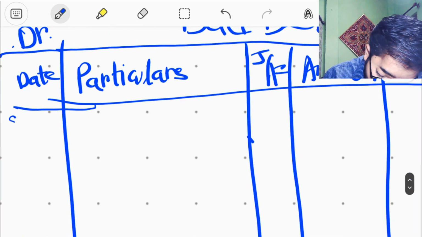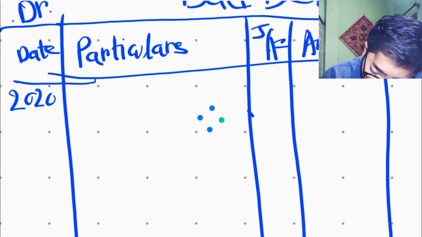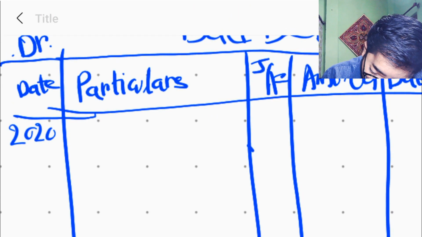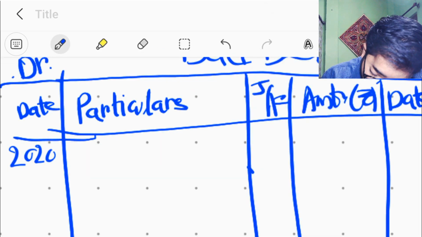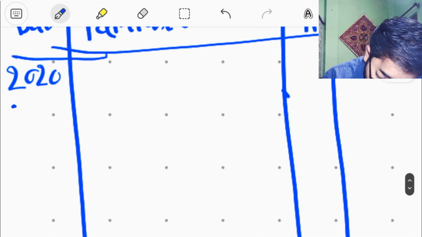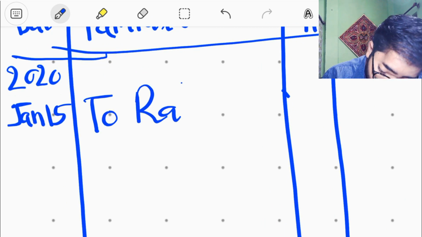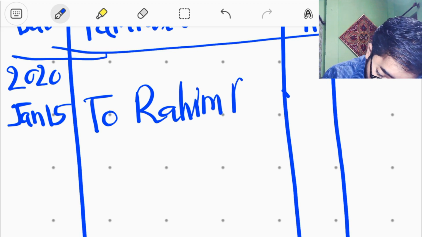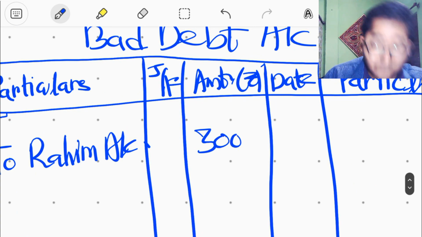The date is January 15th, 2020, to Rahim account. How much? Rupees 300.